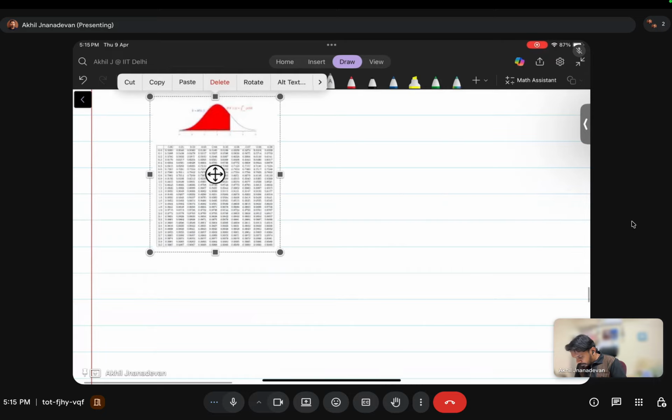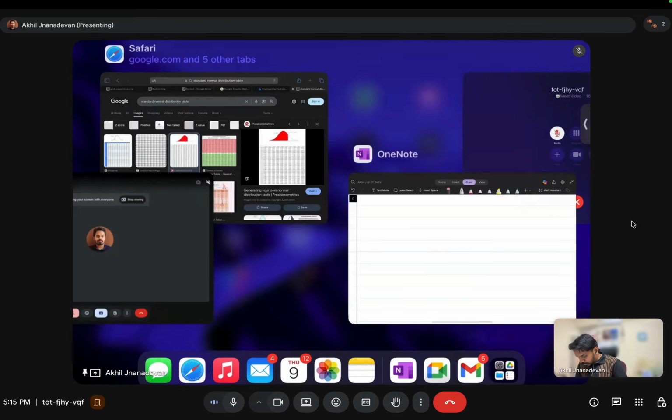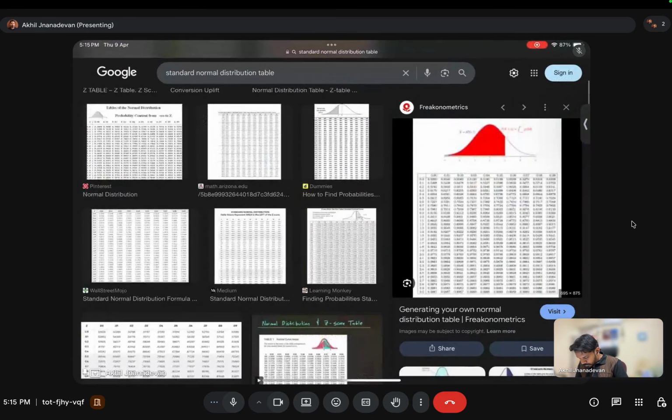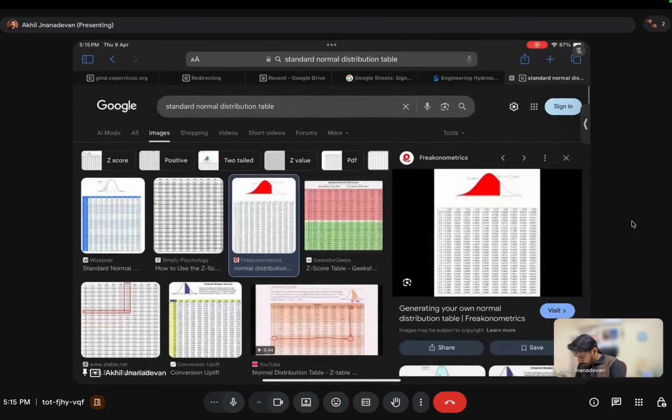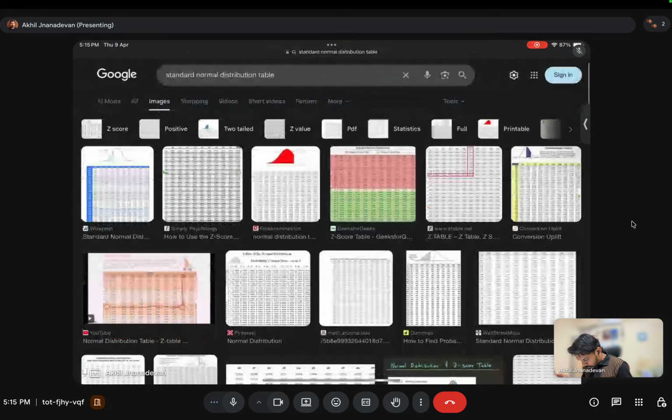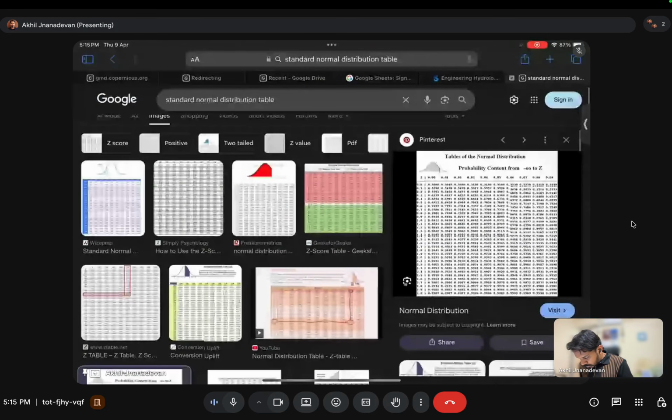No, it's not visible, so we can look for a better one. This looks fine.